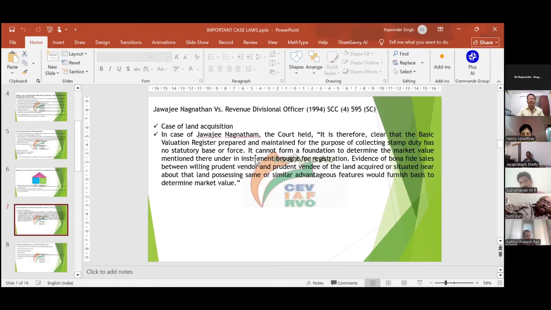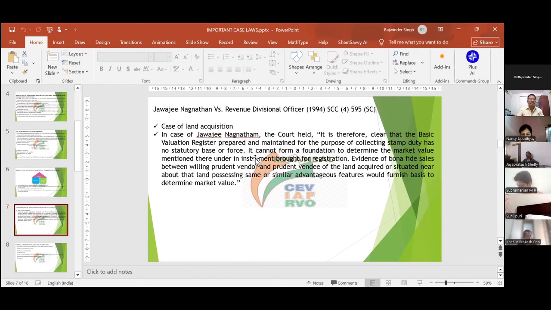Next is Jivaji Nagnathan versus Revenue Divisional Officer. This is important from the land acquisition point of view. In this case, the court said the basic valuation register prepared and maintained for the purpose of collecting stamp duty has no statutory base or force.